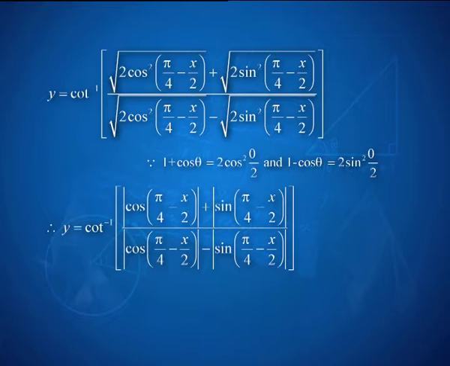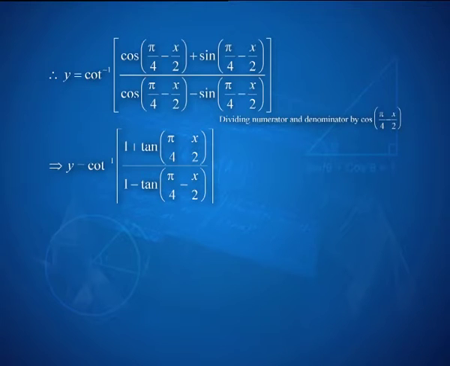Now, this is an expression which we have worked with a number of times and know that this can be rewritten as cot inverse of 1 plus tan pi by 4 minus x by 2 upon 1 minus tan pi by 4 minus x by 2. In case you have forgotten, what we do is divide numerator and denominator by cos pi by 4 minus x by 2.